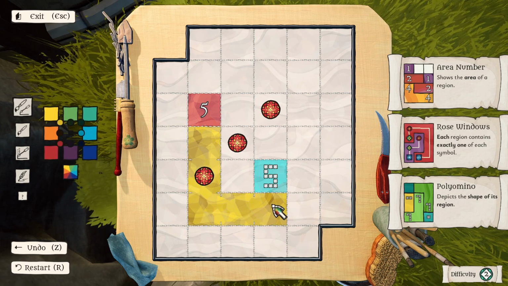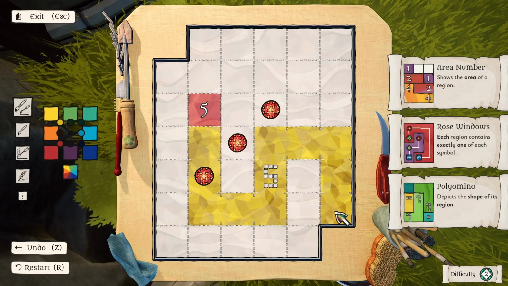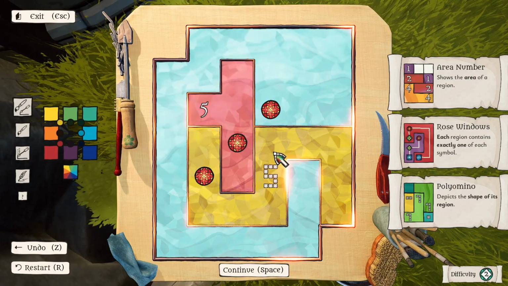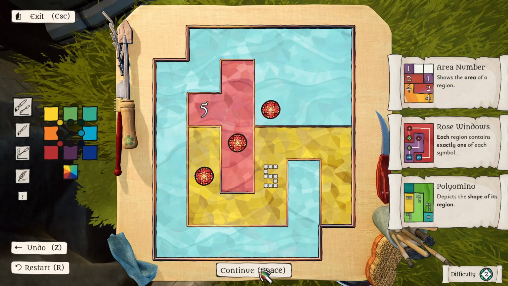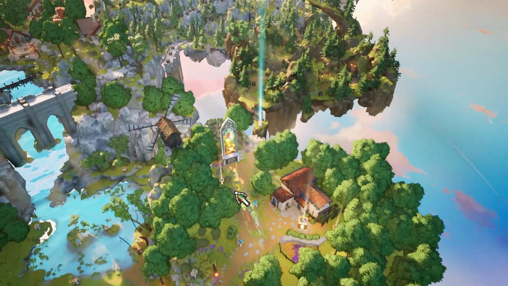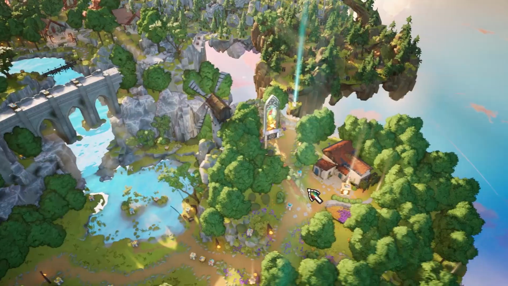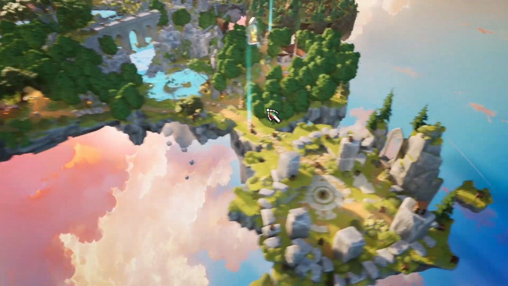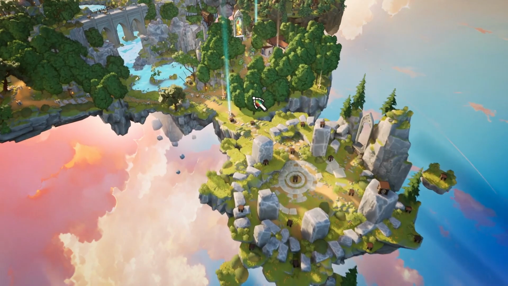So this one does that. This one does that. And this one does everything else. Let's do that to speed it up. Okay, we have this. Where's the window for that region?